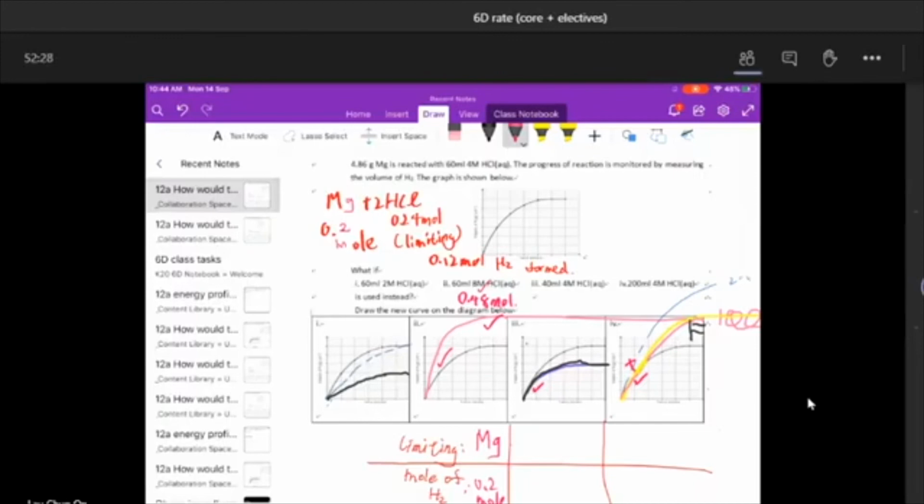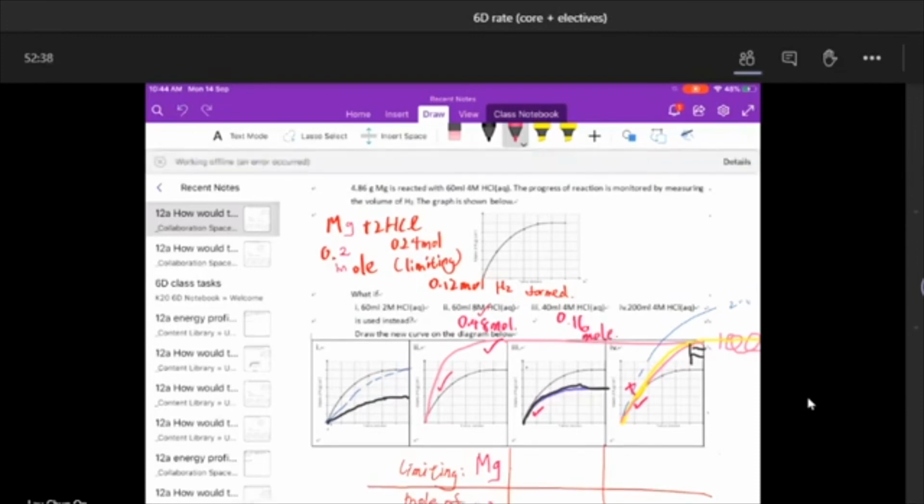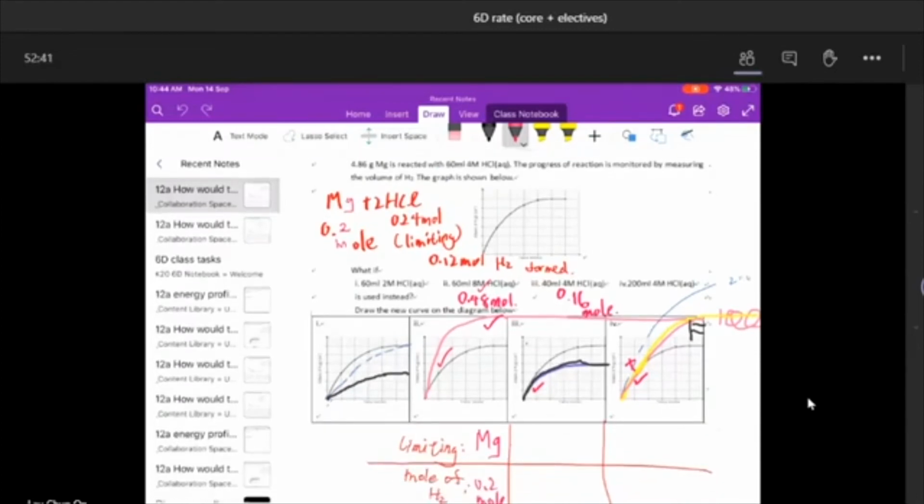It is because the new number of moles of HCl is 0.16 mole. And because originally HCl is limiting, and its concentration is even lower in the new condition, it is still limiting. So all the hydrogen formed will be governed by the number of HCl, and it is only 2/3, so the curve is also 2/3 of the original amount.